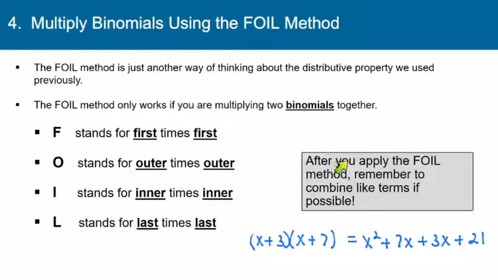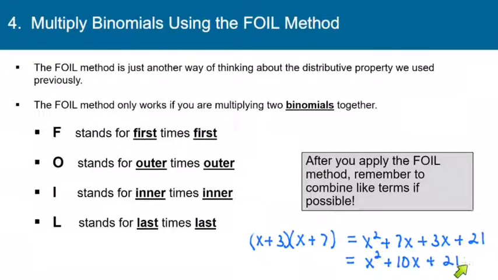And then finally, after you use the FOIL method to get all of your terms, remember to combine any like terms that you have. So notice that our outer and our inner both gave x terms. So 7x plus 3x is going to be 10x. That's going to make our final answer x squared plus 10x plus 21.